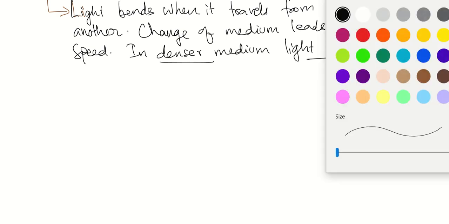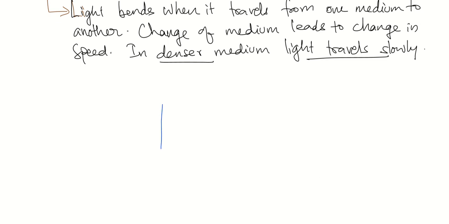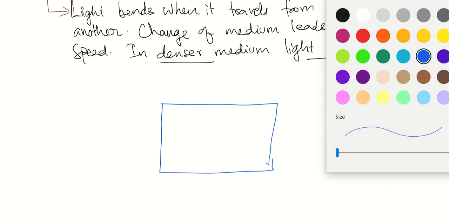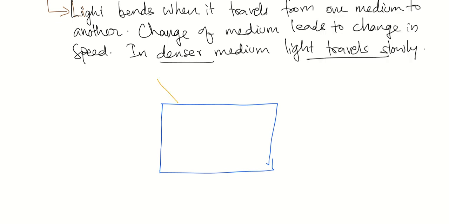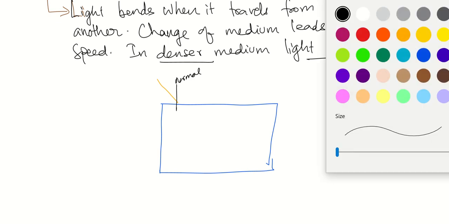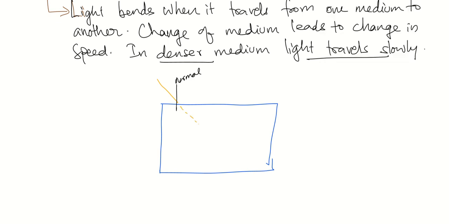So if you remember when you did the experiment with a glass slab, you took a glass slab and brought the light from one end, like this. Then you drew the normal here. This was your normal, the perpendicular. And then you observed that the path of this light, instead of going straight, took a bend here like this, and then it took again another bend.